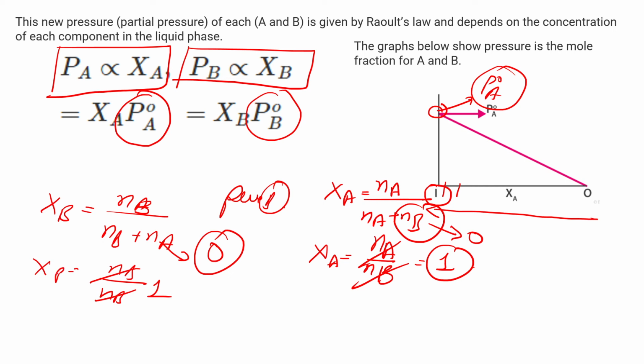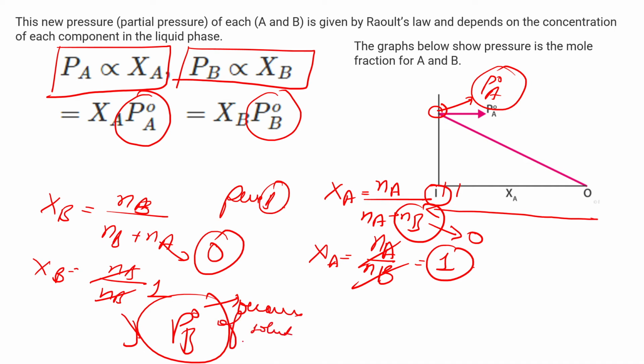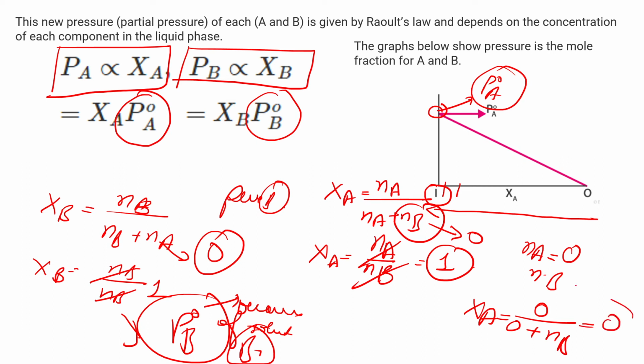That means if mole fraction of B is 1, the pressure exerted will be P naught B, because of the pure solvent B. And if the NA molecules are 0 and NB is present, then the mole fraction of A will be 0 divided by 0 plus NB. It will give you the value 0.